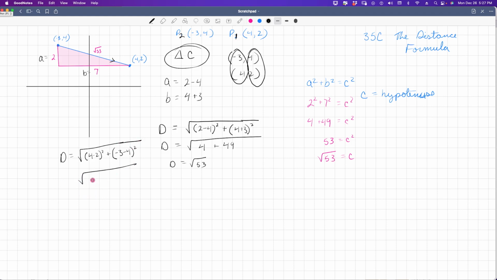Square root of, all right, that'd be 4 minus 2 is 2 squared, that's 4, plus negative 3 minus 4, it's going to be negative 7 squared, that's still positive 49. D is still equal to the square root of 53. Same answer. So it doesn't matter which point you subtract, as long as you subtract consistently.